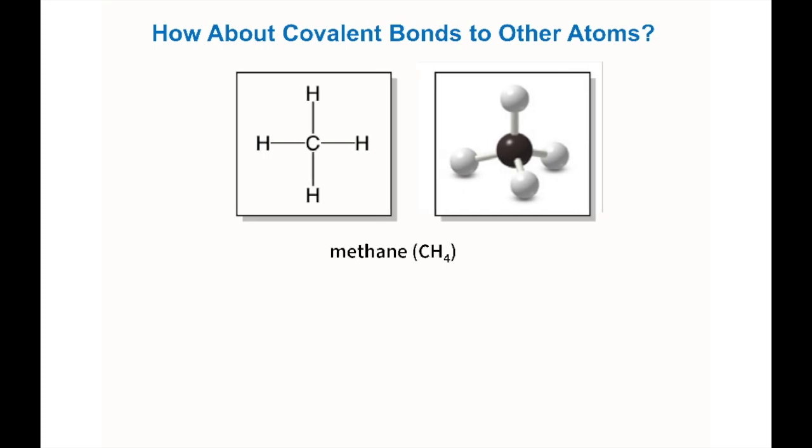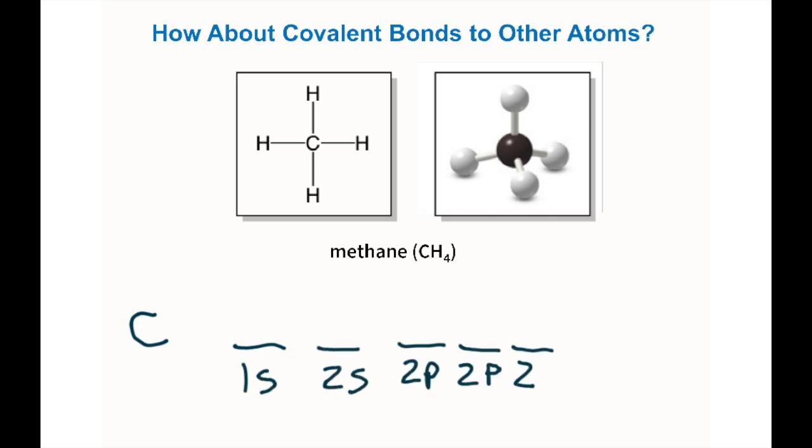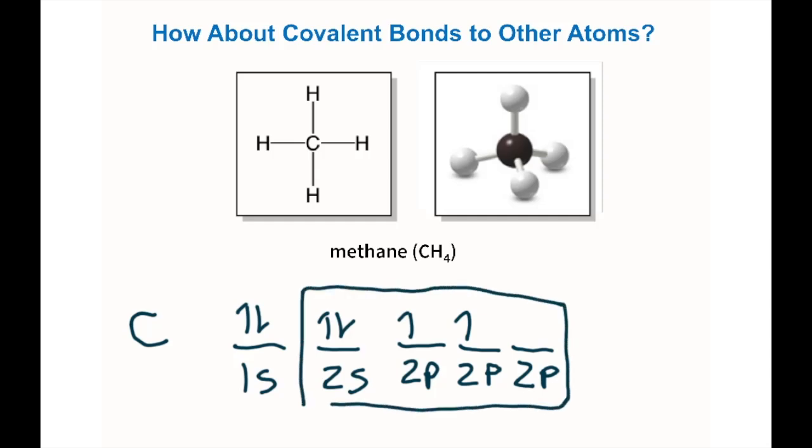Now let's focus on that central carbon atom for a moment, and let's think about the atomic orbitals that are present in carbon. So for carbon, we have the 1s and the 2s, and then three degenerate 2p orbitals. And when we filled those with electrons, this was the ground state electron configuration. Now, where we really want to focus is on the valence shell, the second shell of carbon.